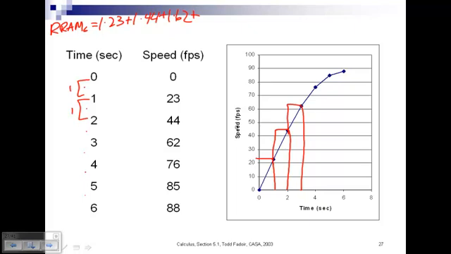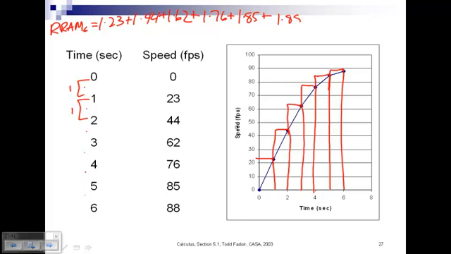And the next? 1 times 76. And the next? 1 times 85. And the next rectangle after that? 1 times 88. Now someone said just add up the speeds.